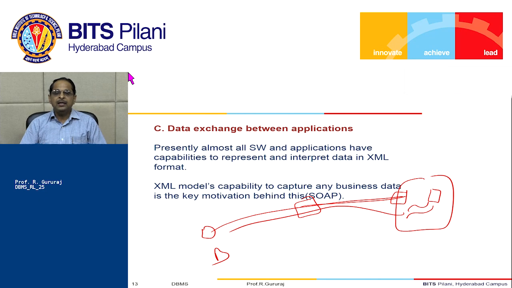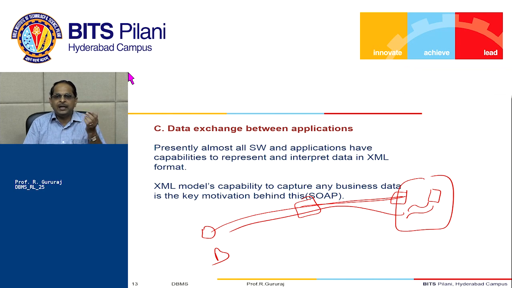That's why SOAP technology is used for exchanging messages between client and server in service oriented software, and in SOAP the XML format is used for exchanging information between the systems.